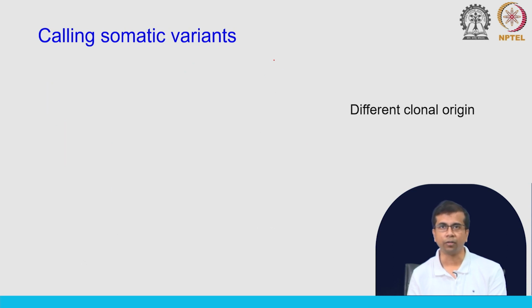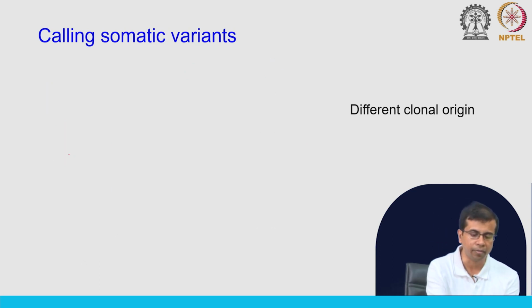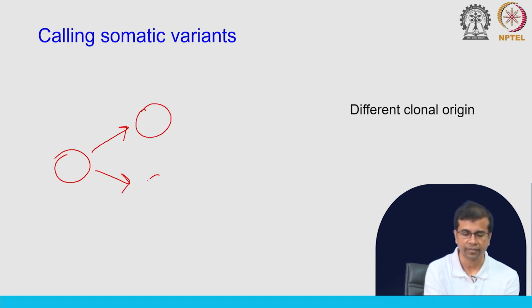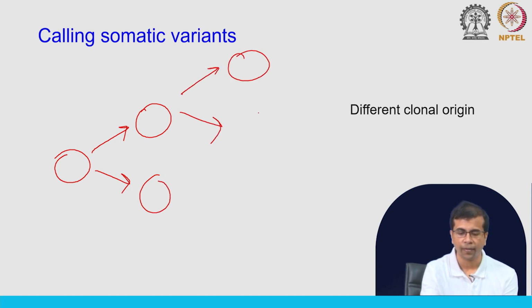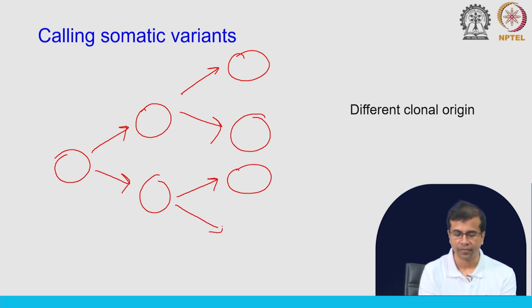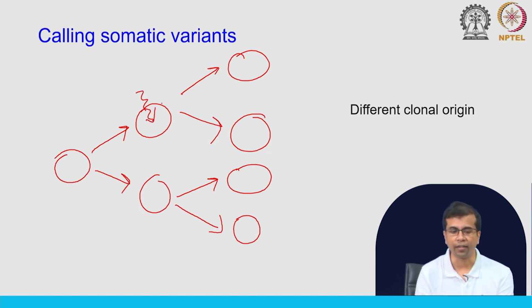Okay. So, during the cell division process, you can imagine this. You have one cell dividing into 2, right, and this will again go on, right. Now, imagine this mutation process or this variant arises here in this cell. Okay.